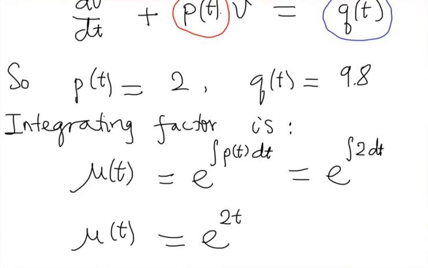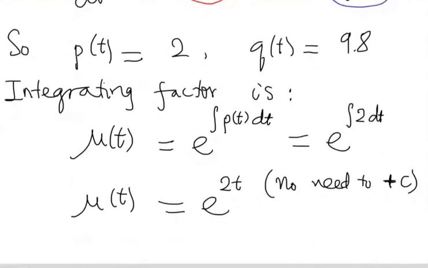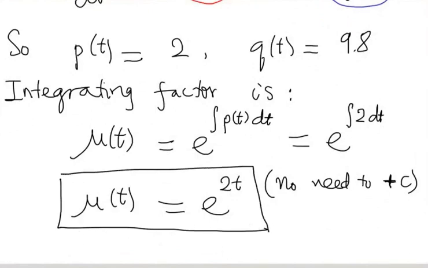Normally we need to add c, but because we're only looking for one integrating factor, there's no need to add c right here. So in the intermediate step, when you find the integrating factor, no need to add c. And this was the magic factor I gave you at the very beginning, but now we have an explanation for it.